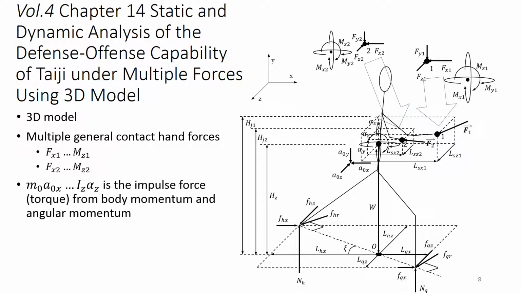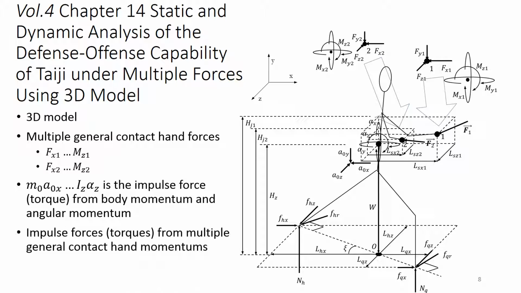M0A0X to IZ alpha Z is the impulse force from body momentum and angular momentum. Impulse forces from multiple general contact hand momentums.